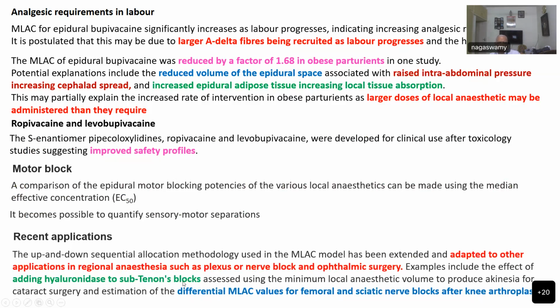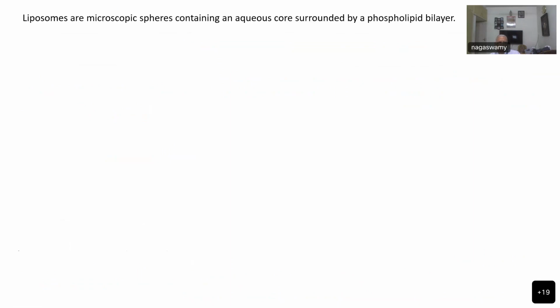Examples include the effect of adding hyaluronidase to subtenon block, assessed by minimum local anesthetic volumes to produce akinesia for cataract surgery, and the estimation of differential MLAC volume for femoral and sciatic nerve blocks after knee arthroplasty. So these are all the recent things by which we were able to do that.